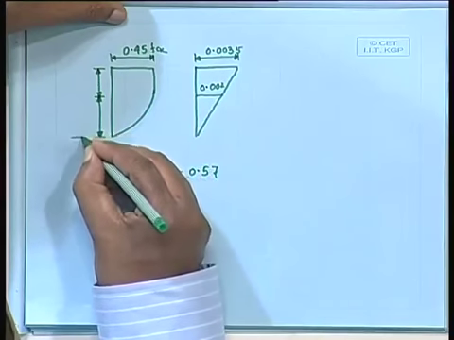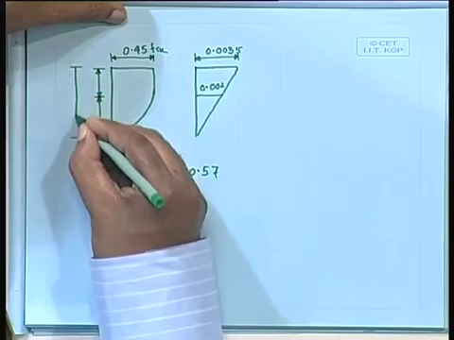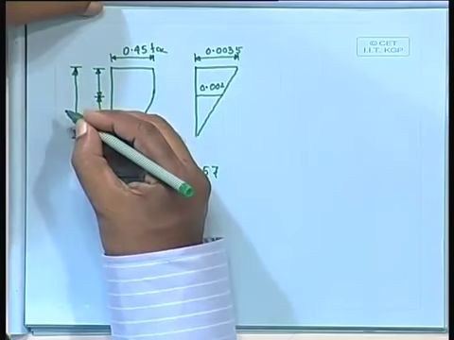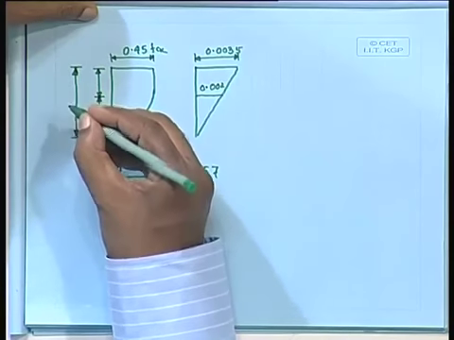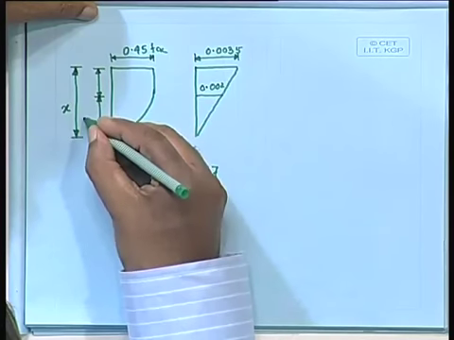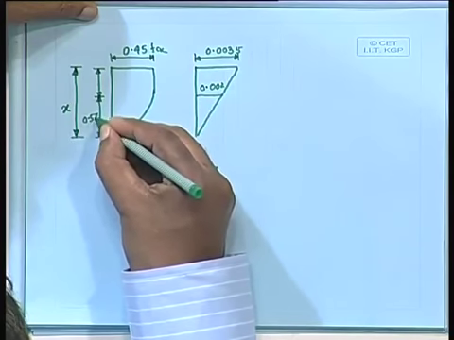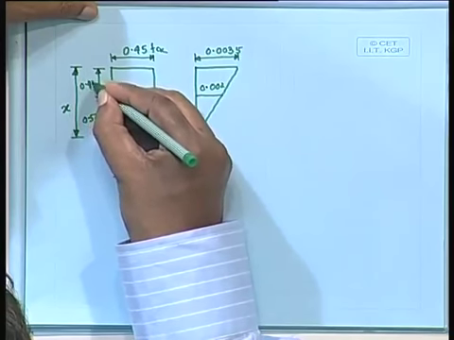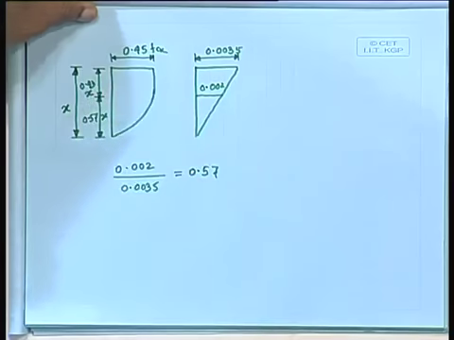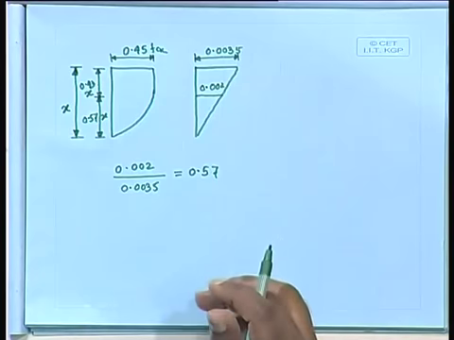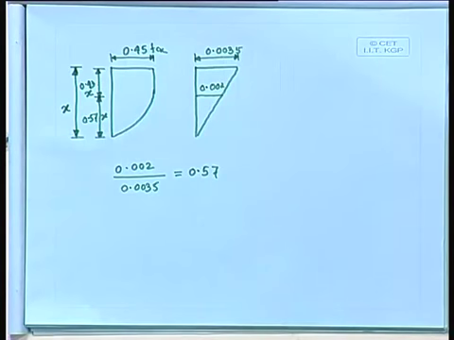If we take the depth of the neutral axis from the maximum compressive strain side as x, this is 0.57 x, and this one is 0.43 x. So 0.57 x and 0.43 x.